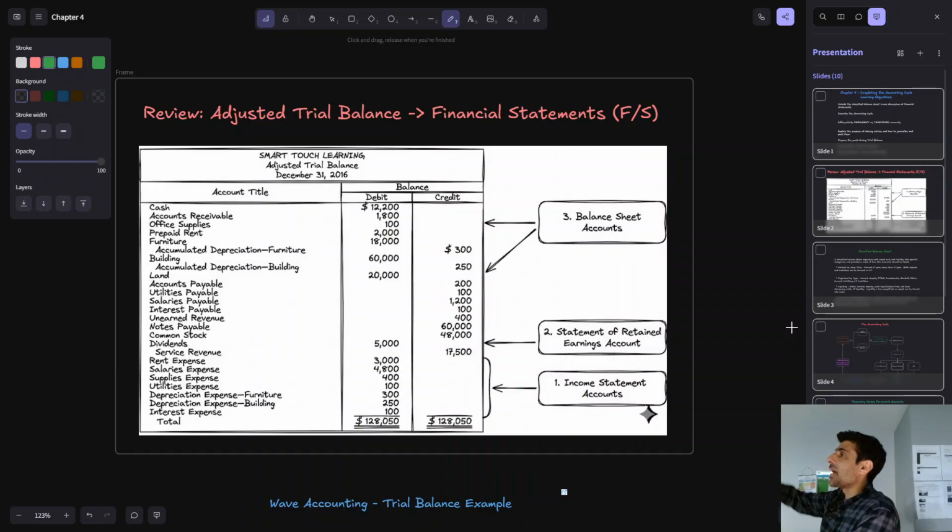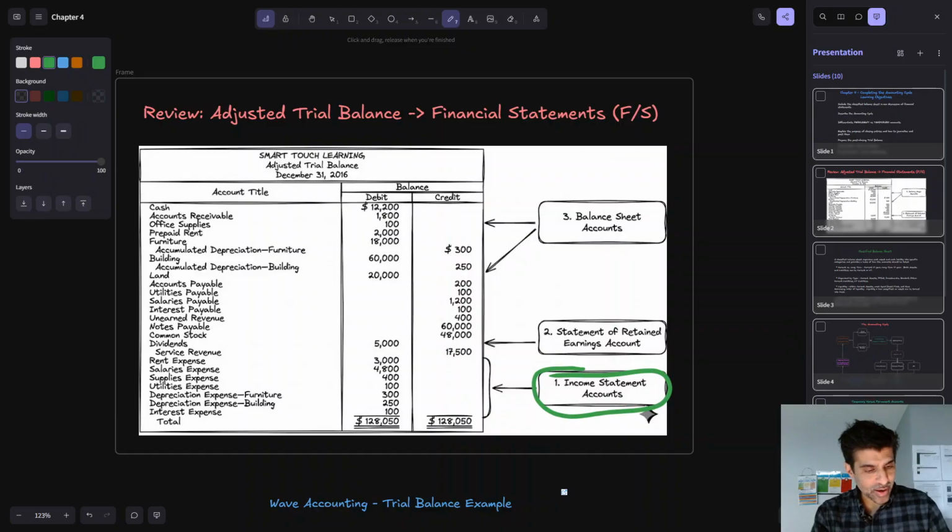And then we changed the balances, and we then had this recompilation called the adjusted trial balance. This adjusted trial balance is arranged in a way that groups the accounts by what financial statements they're going to go on, right? So at the bottom, we had these income statement accounts. You can see all the revenues and all the expenses are here. And then we added in dividends.